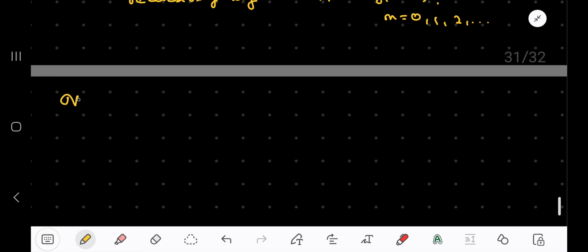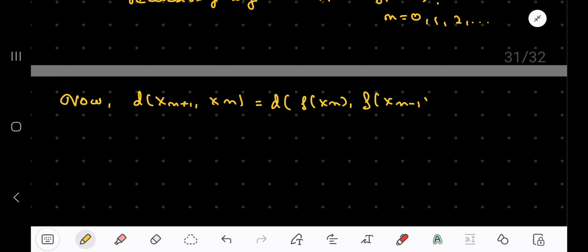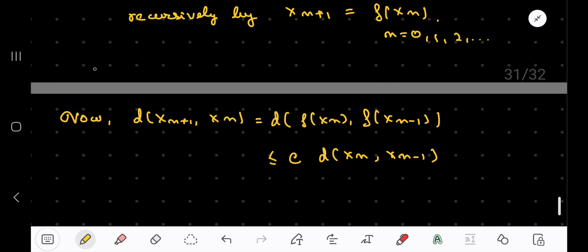Now observe, d of x_{n+1}, x_n by definition is d of f of x_n, f of x_{n-1}, and so this should be less than or equal to c times the distance between x_n and x_{n-1}, for some c less than 1 and greater than 0.